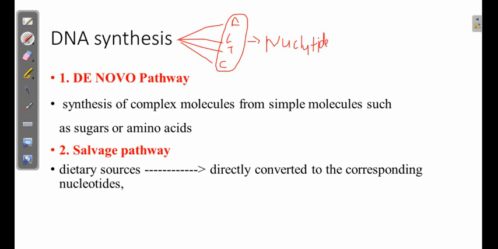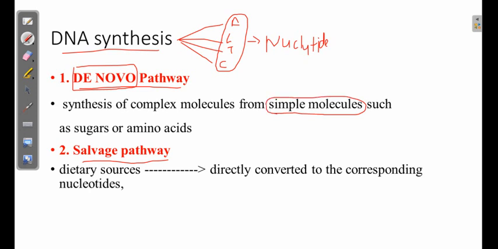So DNA can be synthesized basically by two pathways. One is known as the de novo pathway, and the second is known as the salvage pathway. What is de novo? If a molecule is synthesized from very simple molecules from start to end, that kind of synthesis is known as de novo synthesis, new synthesis.